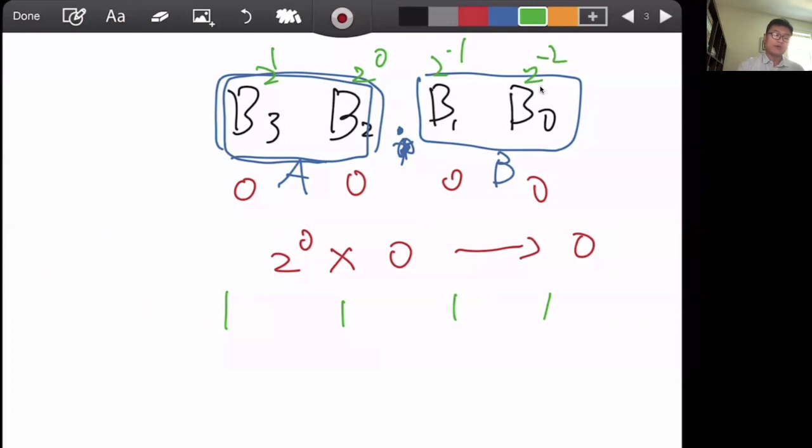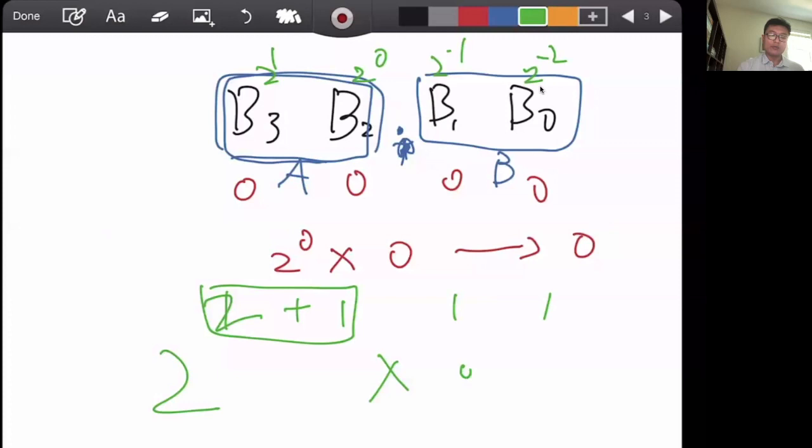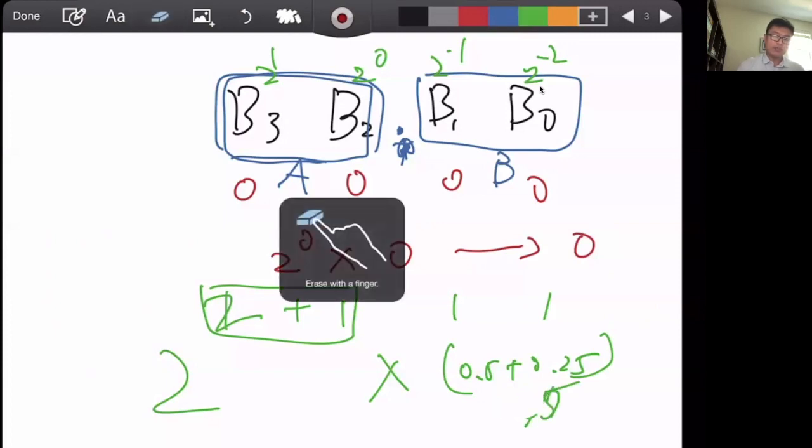So 1 times 2 power of 2 is 2, and 1 times 2 power of 0 is 1. So the first group is 3, right? So with 2 power of 3 times 1 and 1, it's 0.5 plus 0.25. At the end, it should be 0.75.